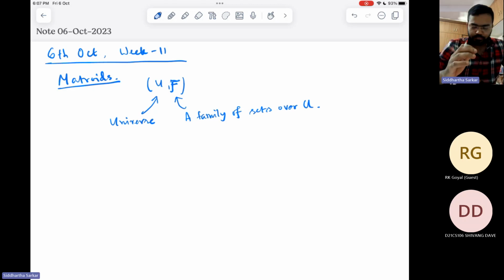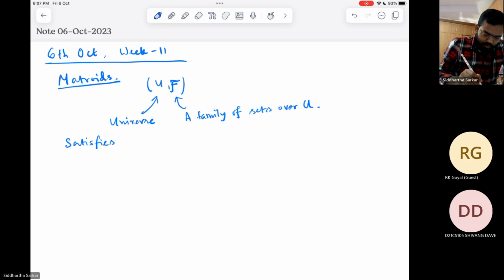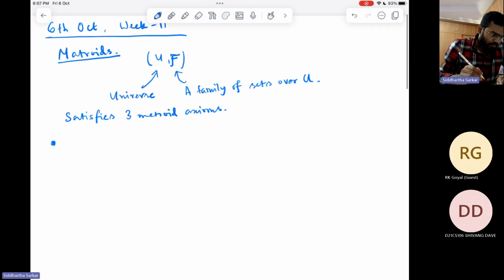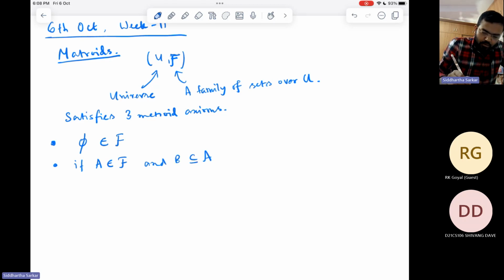It satisfies the matroid axioms. There are three matroid axioms that this set system should satisfy. What is the first axiom? That the empty set should be in the family F. The second axiom is that if A is in the family and B is a subset of A, then B is also in the family.